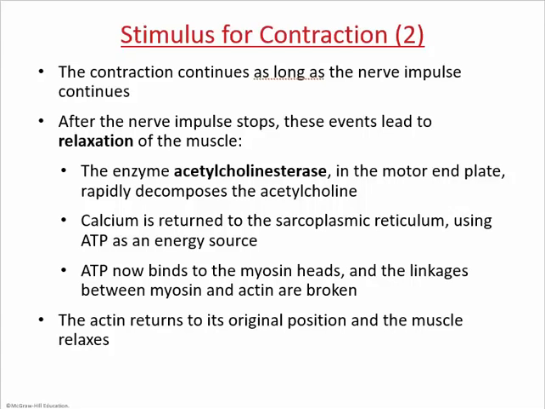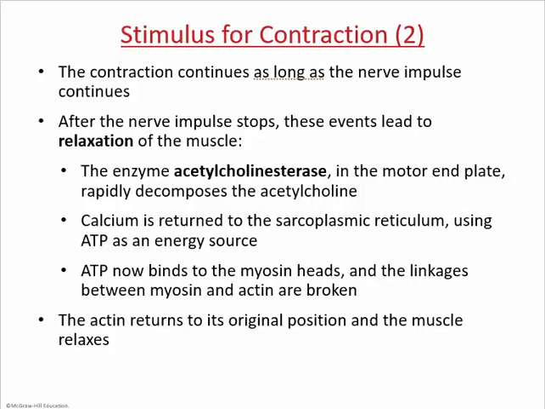If the nerve impulse stops, then the acetylcholine gets removed from the cleft by an enzyme called acetylcholine esterase. It decomposes the acetylcholine. Those ligand-gated channels close. The sodium is pumped out of the cell and it repolarizes.